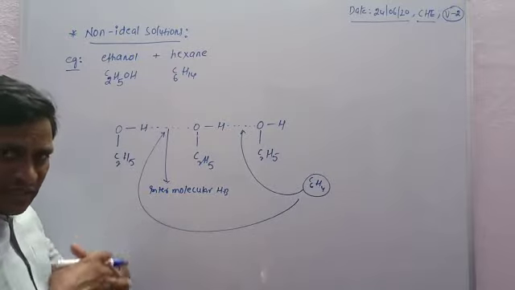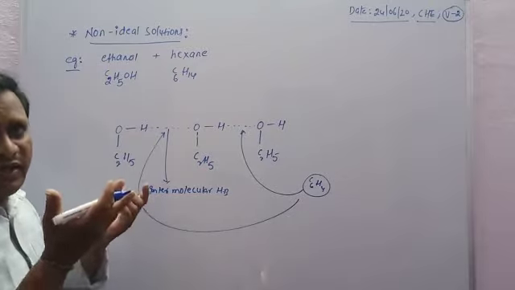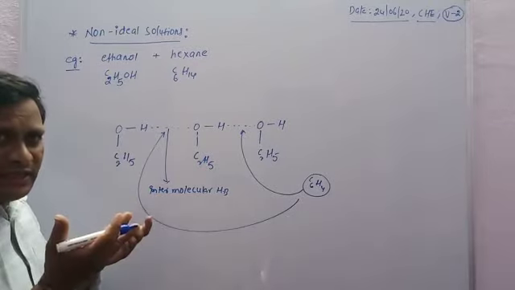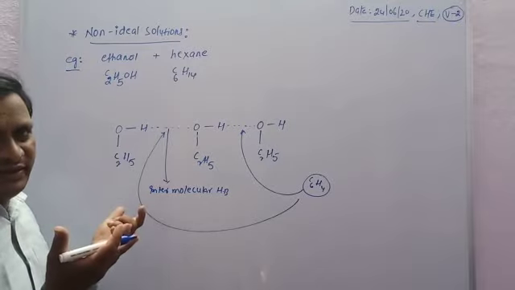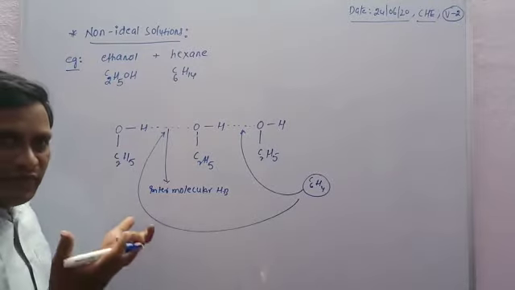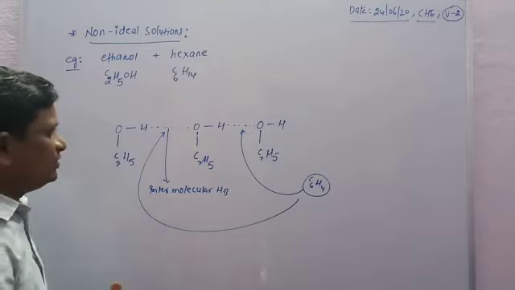If interactions are weaker, then the escaping tendency increases. If escaping tendency increases, volume increases. If volume increases, the solution shows the positive deviation.